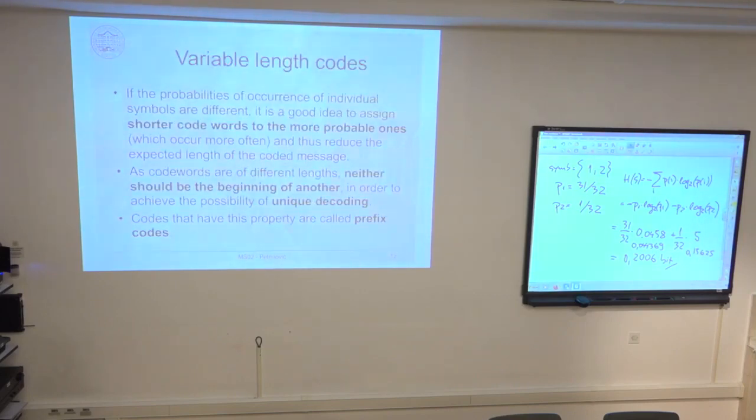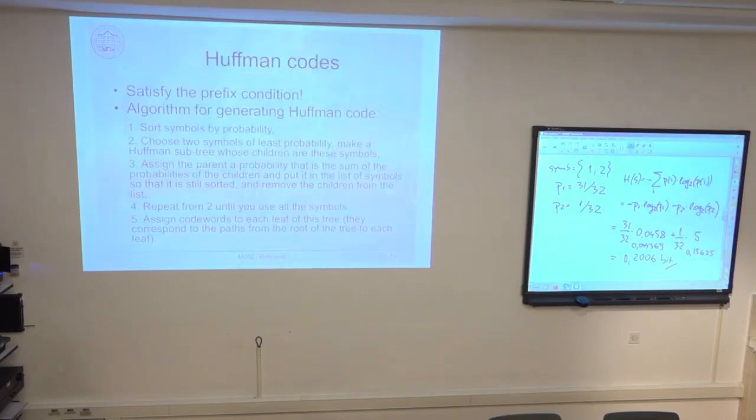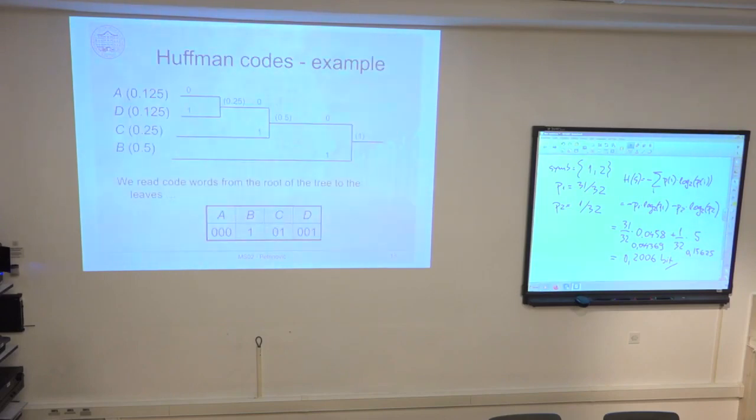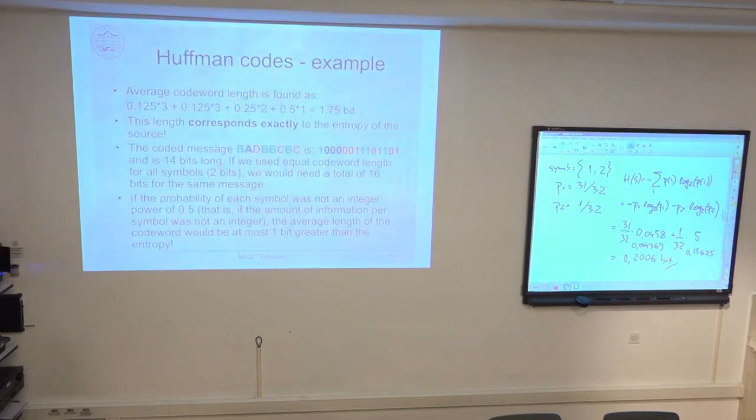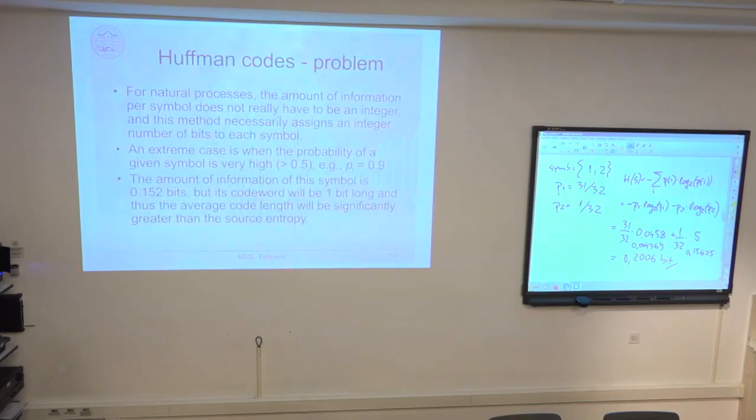But this code has a problem. The problem with these Huffman codes is when one of the symbols has very high probability. I have written one such example on the whiteboard. Let's say that we have only two symbols.